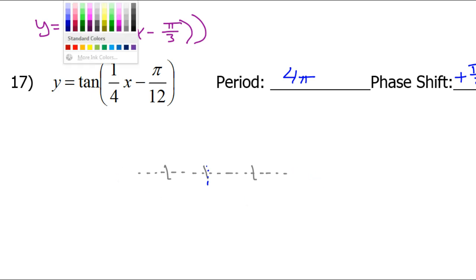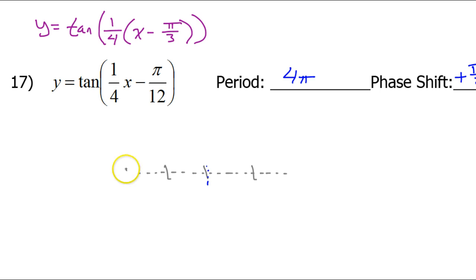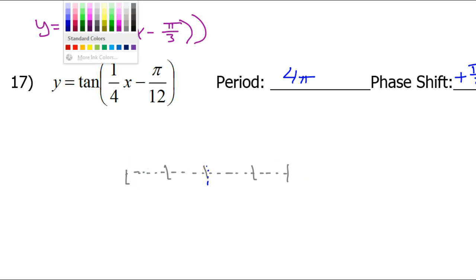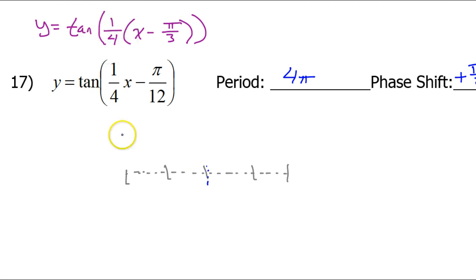Compare and contrast, if you will. So by contrast, the cotangent function, instead of beginning and ending with a point, begins and ends with an asymptote. So if this were a cotangent, it would start with an asymptote and end with an asymptote, and then there'd be a point in the middle right at the midline. So this is what cotangent would look like.